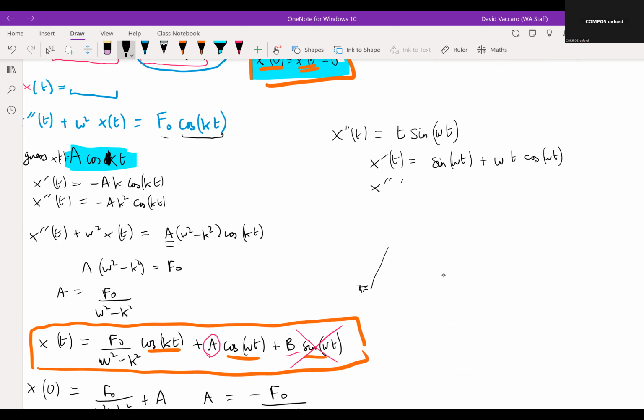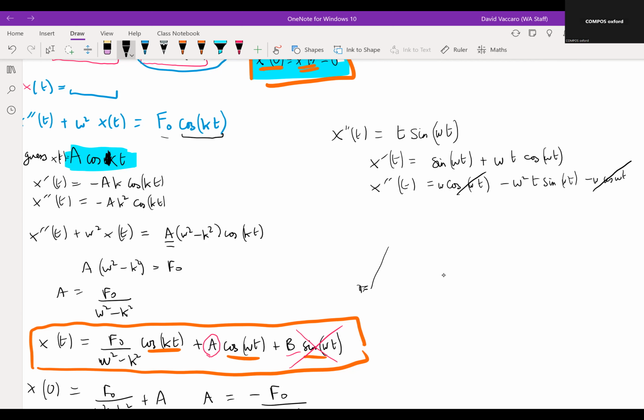If you differentiate it twice, you get omega cos omega t, plus, then you get minus omega squared t sine omega t, and then I think you get another omega cos omega t, and these cancel. And then you can see that it satisfies the differential equation as well.